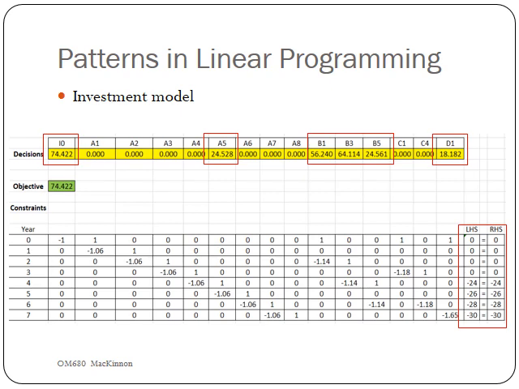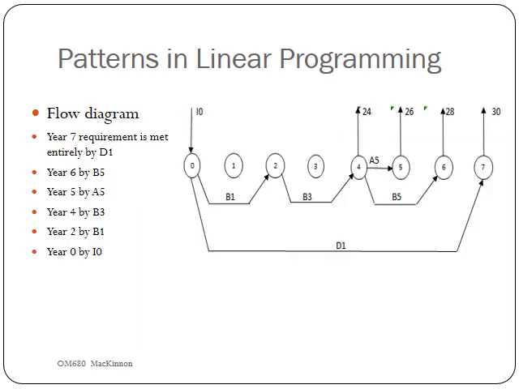So we can ignore A1 through A4, A6, A7, A8, C1, and C4. They do not matter to us at all. So this is our flow diagram. And with the investment model, it helps to take a look at the resulting flow diagram and work backwards.